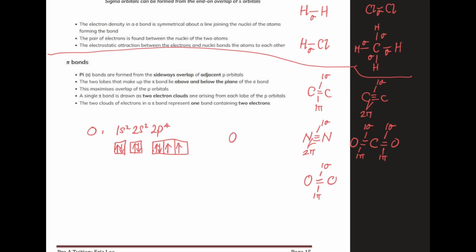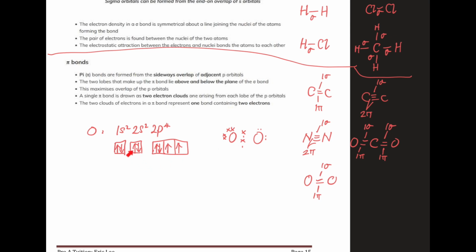So it will form something like this. This is the dot and cross diagram. Let's see the oxygen on the left. They have 2 lone pairs, and then they share 2 electrons to form the double bond.